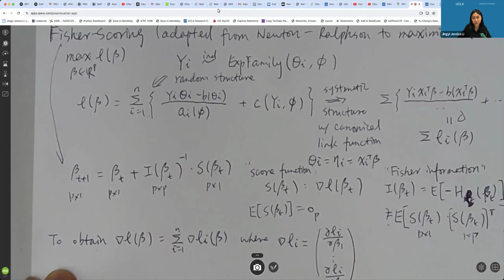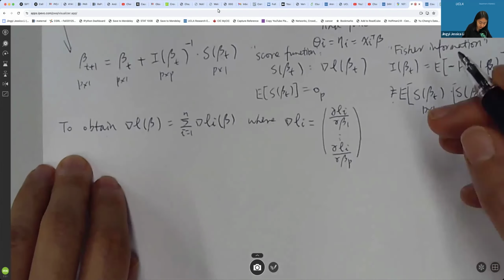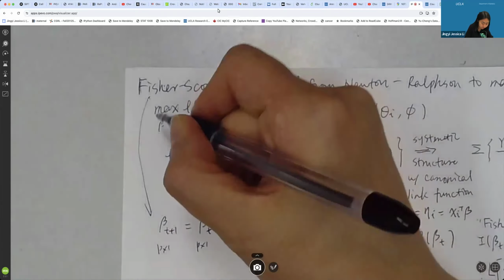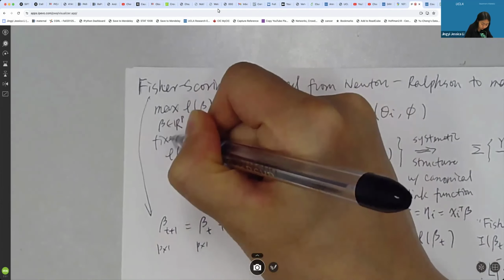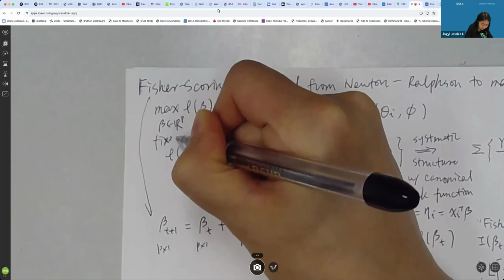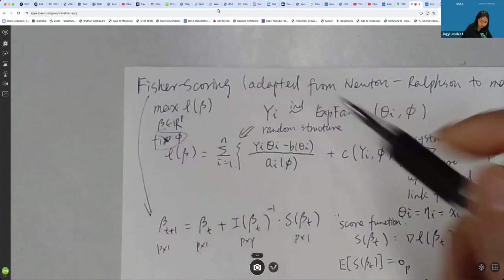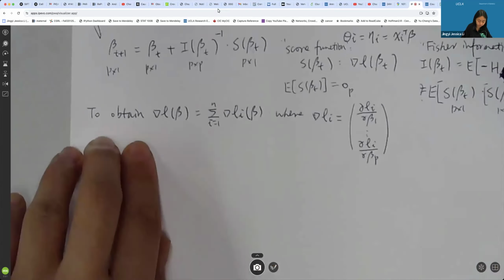We first got beta hat, obtained the residuals, and then used the residuals to estimate sigma squared later. For the same reason, in this maximization we fix phi and just worry about maximizing over beta.